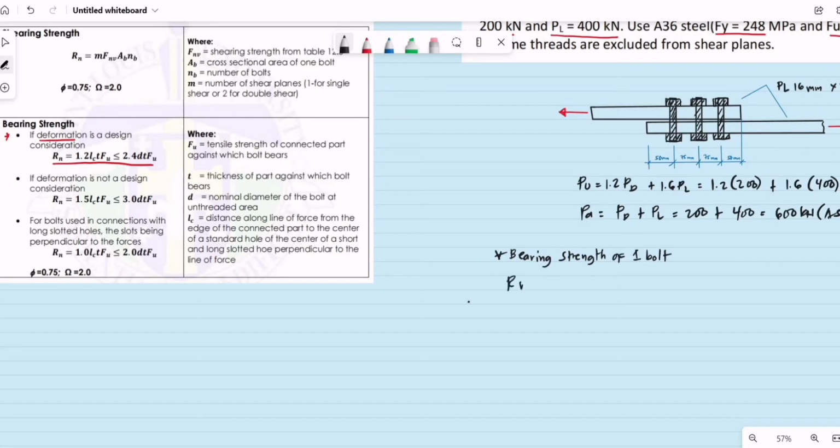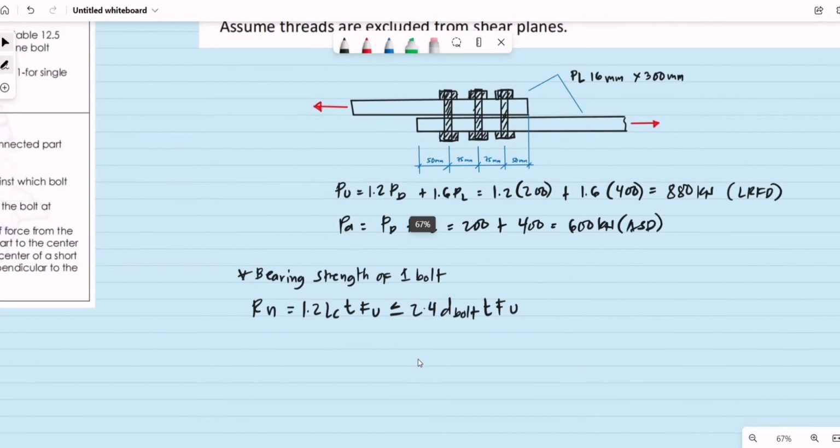We have R sub n is equal to 1.2 of L sub C multiplied by the thickness of the plate multiplied by the value of F sub U. But this value should be less than or equal to 2.4 multiplied by the diameter of the bolt, then multiplied by the plate thickness, multiplied by F sub U. Okay, so for this condition, we need to determine first the value of L sub C.